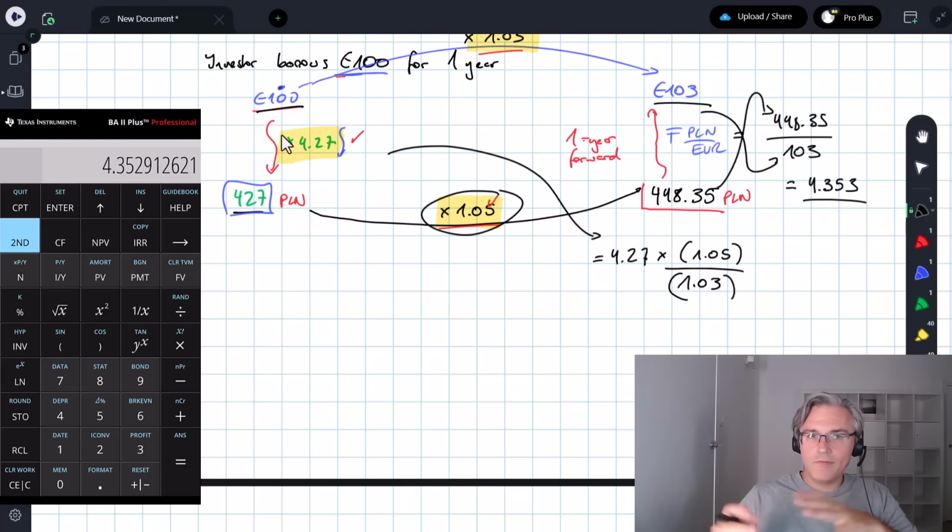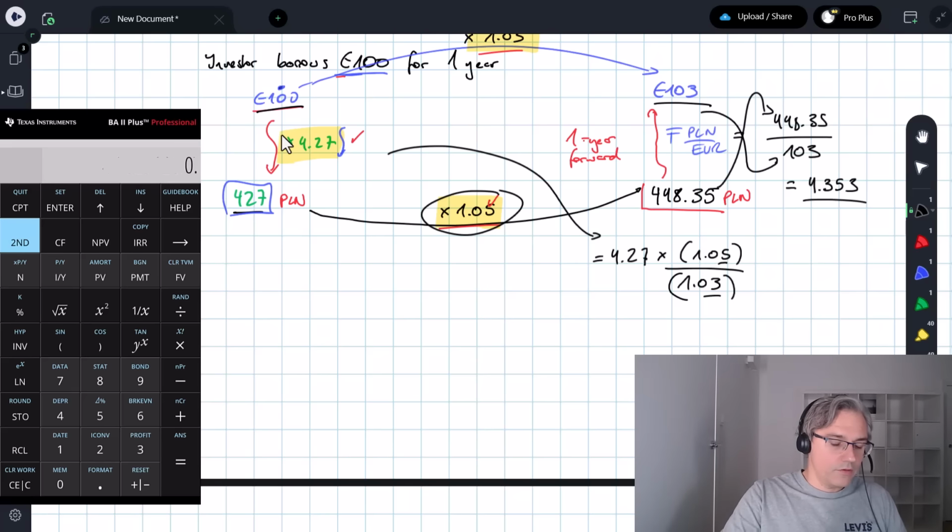And obviously, these rates could be scaled for time. If I told you this is not 1 year, this is 6 months, you'd have to scale everything for time. So scale each of those rates, the 5 and the 3, by a factor of 2. But look, 4.27 times 1.05 divided by 1.03 gives 4.35, the same number as before.